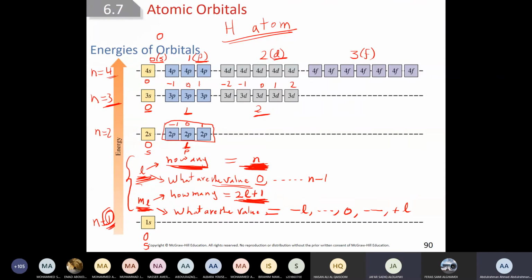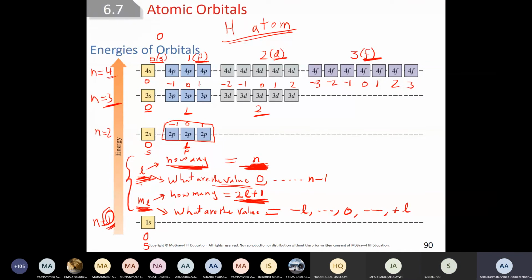What are the values? -2, -1, 0, 1, and 2. When L is F, how many solutions do we have? 7, 2L plus 1. What are the values? -3, -2, -1, 0, 1, 2, 3. We have 7 solutions. I hope this is clear.